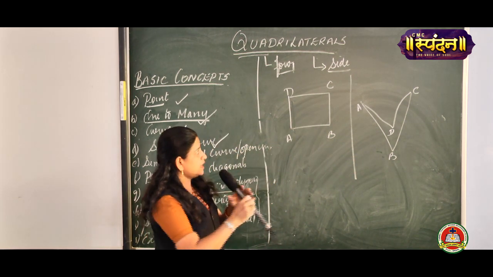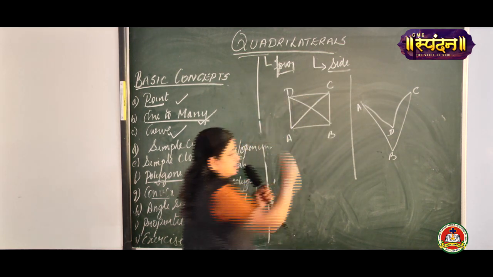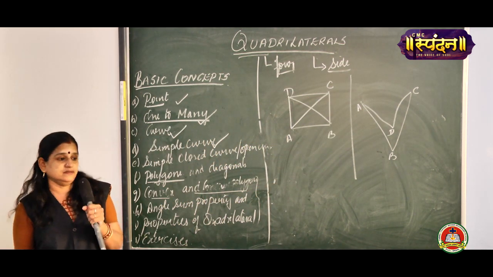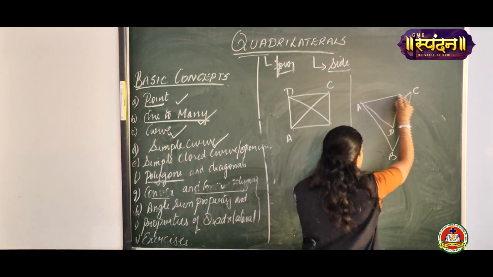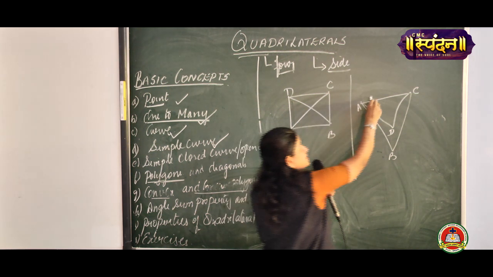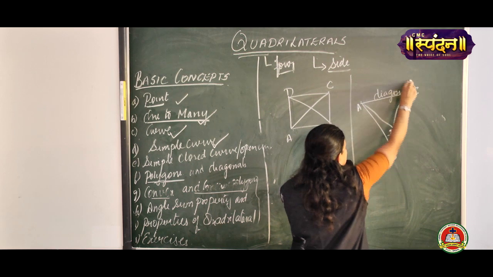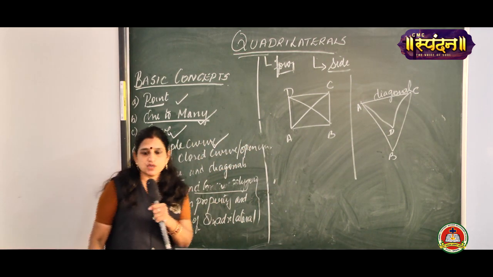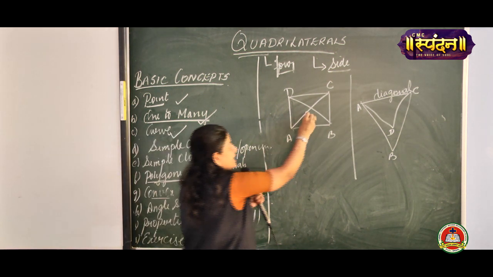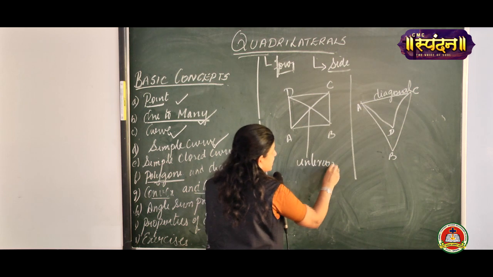But if you are able to draw the diagonal here, the diagonal is lying in the interior. What about here? I can join AC here. AC is a diagonal. If you observe here, the diagonal is lying interior, inside the figure.